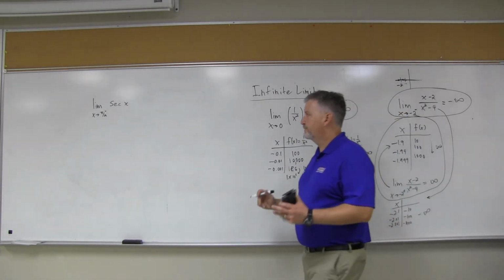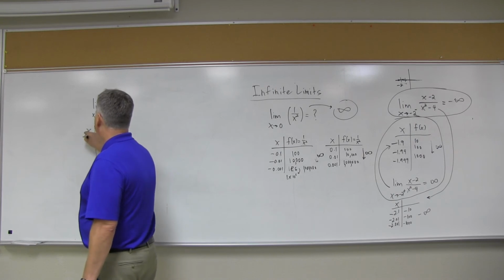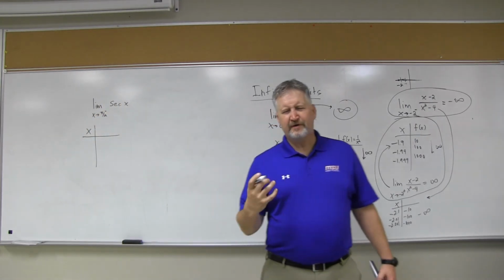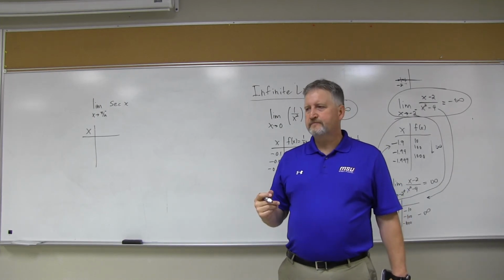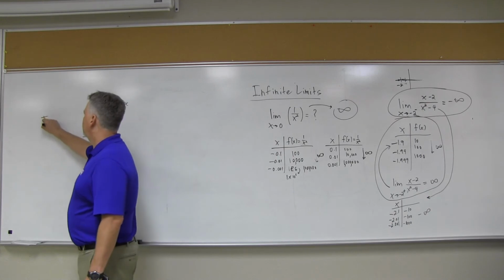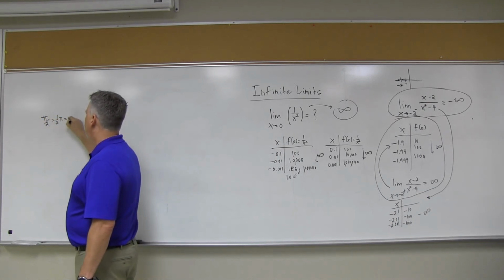Here's what you can do if we want to do a table. So x approaches pi over 2. Well, I guess there are different ways, but let's think of pi over 2. Isn't that the same as 1/2 pi, which is the same as 0.5 pi?